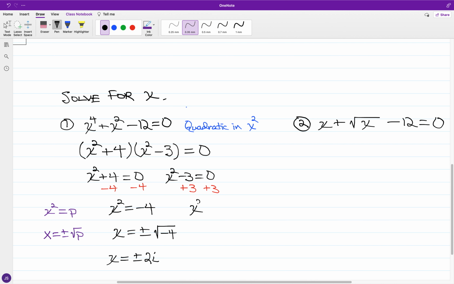Again, we have the same coefficients, and just as I added 4 and subtracted 3, I can do the same thing here. So we have a factor of addition as well as one of subtraction. And if I set each of these factors to 0, I'm initiating the zero product property.